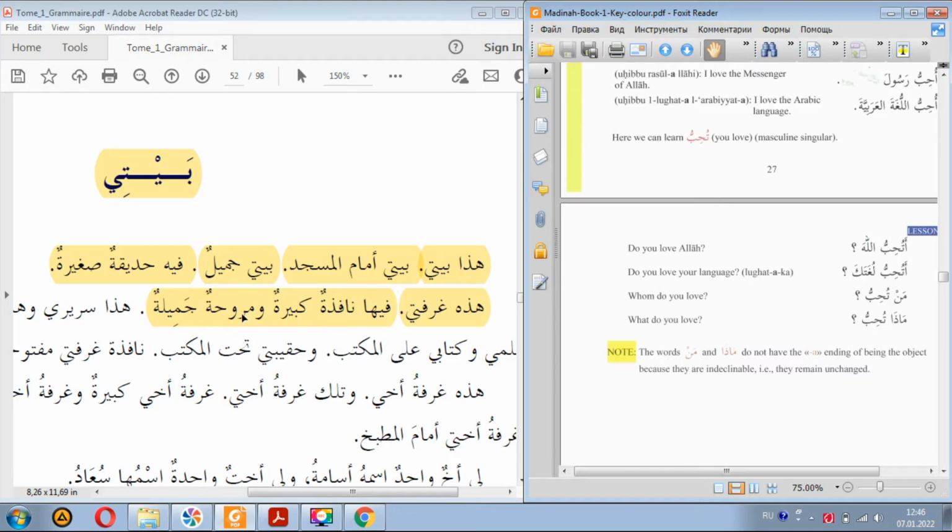And مروحة, it means vent. You know, this thing that blows at you, blows wind at you. So there are a big window and a beautiful vent in it. In it, by it we imply ghurfa. Therefore we say ha because it's feminine.